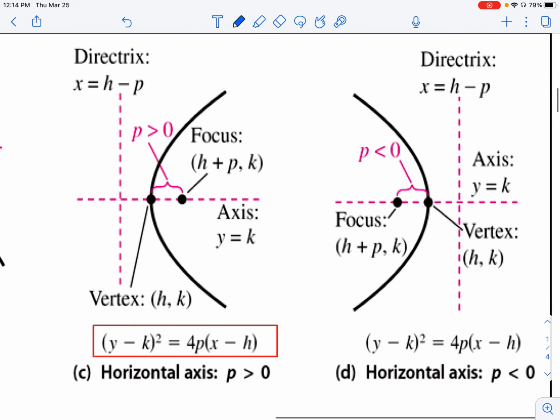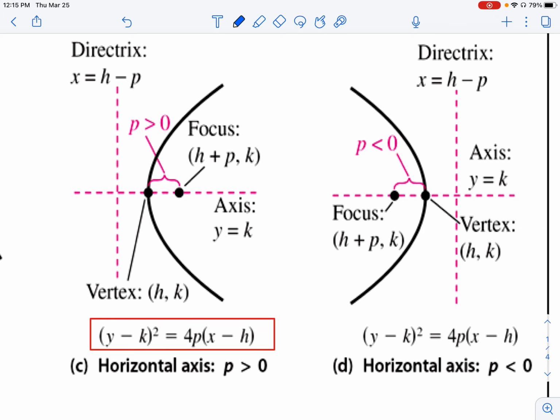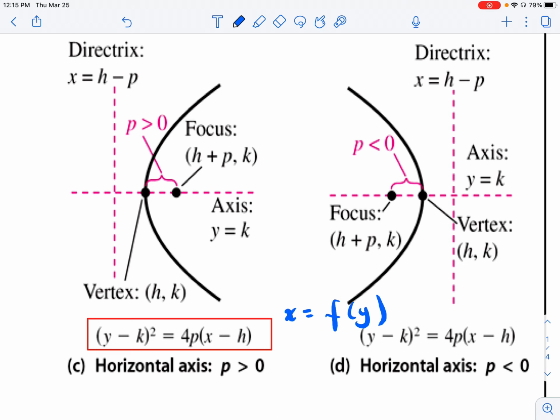On this side here, you'll notice that when our y values are squared, now x is a function of y, in which case our parabola is going to be opening to the right or to the left. And again, when our p-value is positive, our focus is inside our parabola. That means it's opening to the right. It is to the right of our vertex. When our p-value is negative, our focus then is to the left of our vertex.